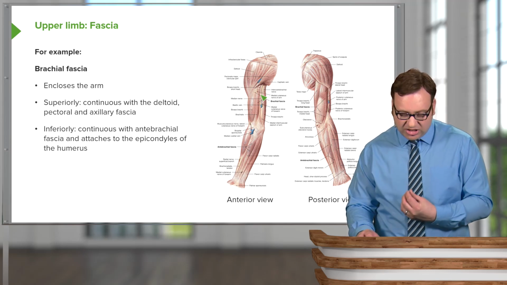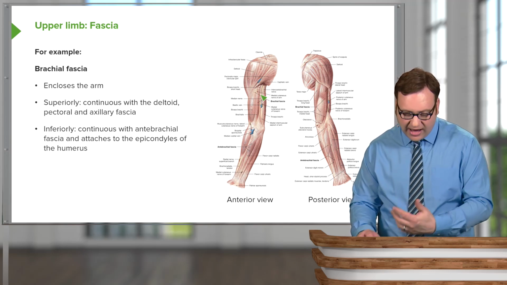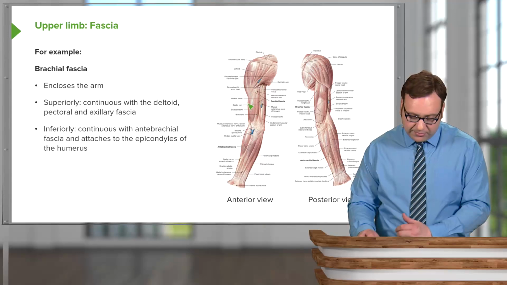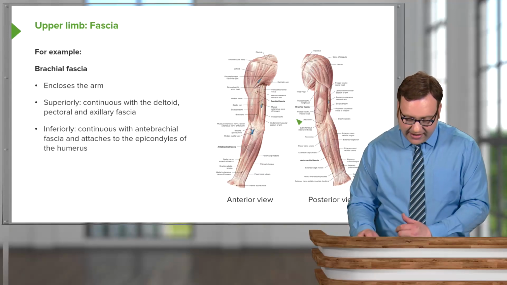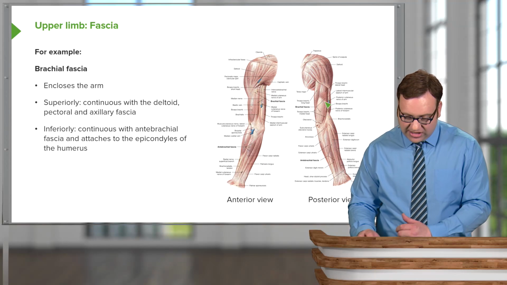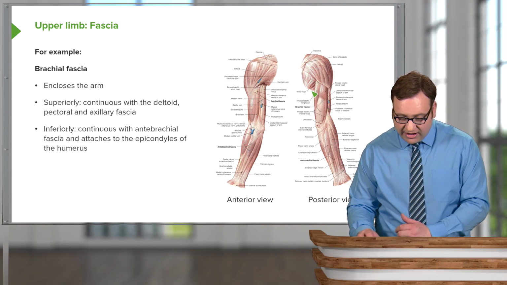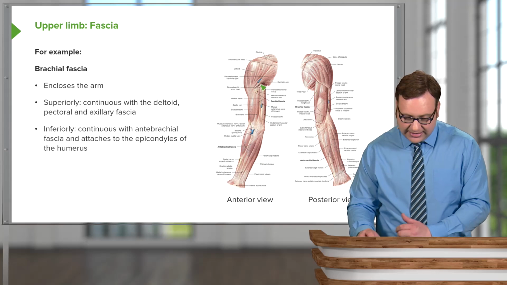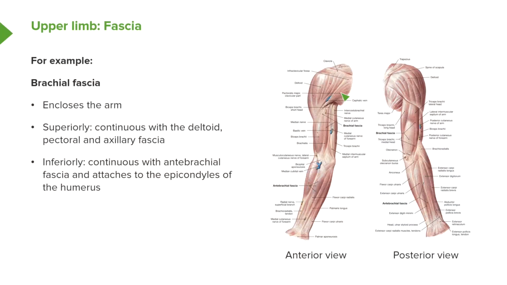So this deep fascia is continuous across the entire upper limb. And we're just looking at the brachial fascia here anteriorly, and we can see it here posteriorly. Again, a continuous layer with the deltoid fascia, the axillary fascia, and we can see here anteriorly the pectoral fascia. Inferiorly, the deep fascia is going to be continuous with what's known as the antebrachial fascia.